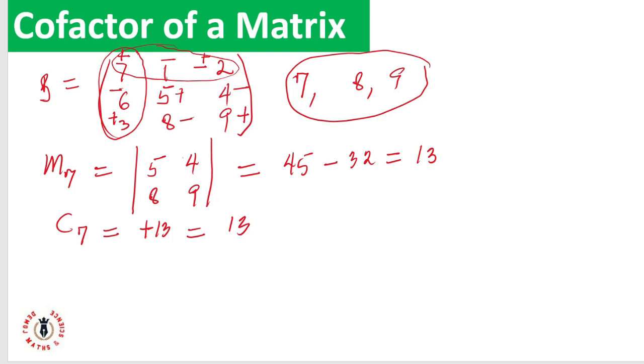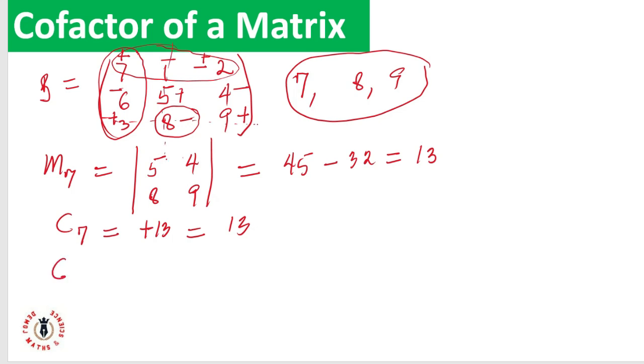Let's look for the cofactor of 8, that's the next. The sign along it is negative, and 8 is on the last row but on the second column.